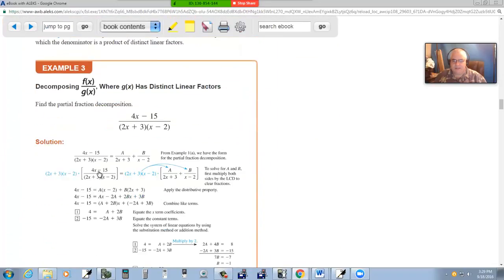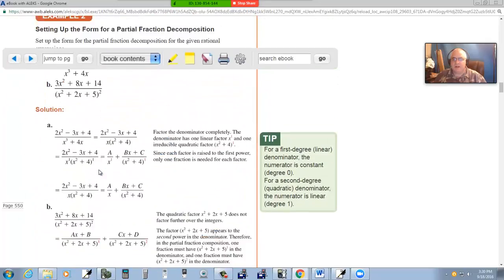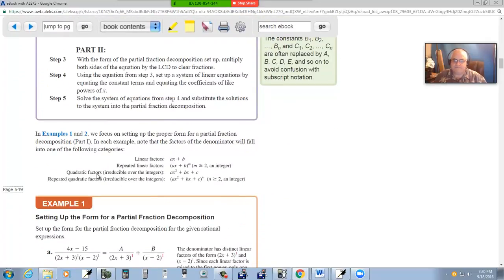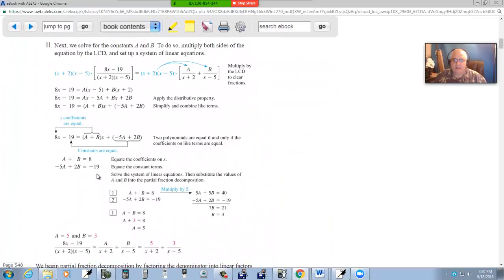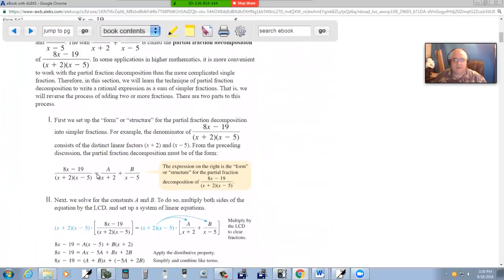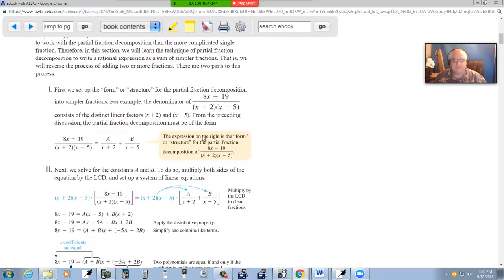I don't see any easy to read table out of the book, so let me just talk about it in general. If you have, and you notice it's based upon your denominators here, so if we have two factors and they're different and they're linear, then what we do is we set it equal to a fraction.